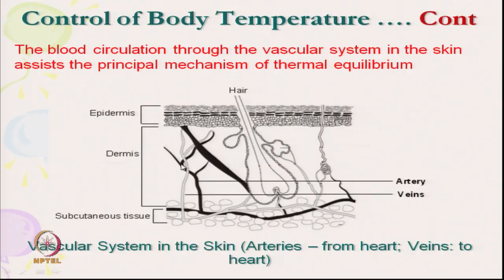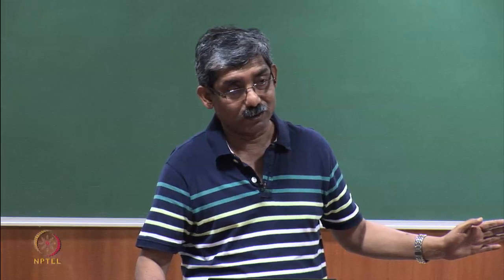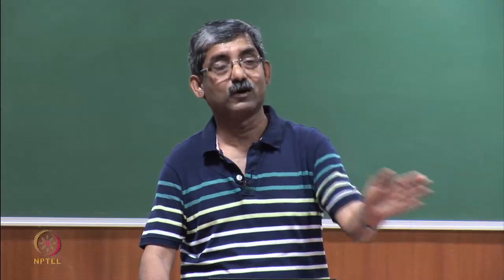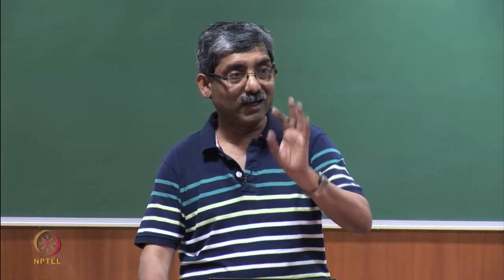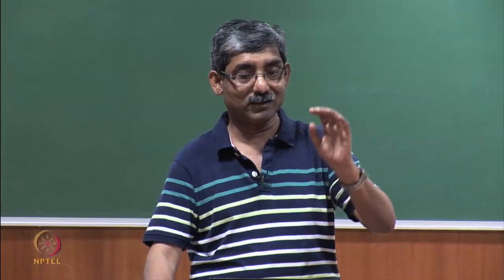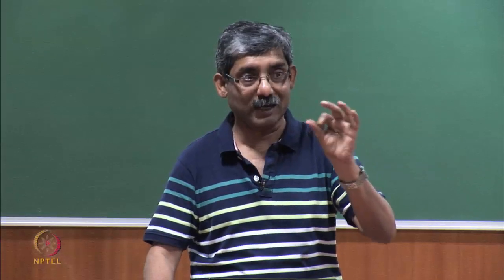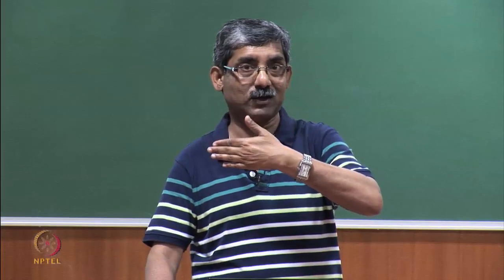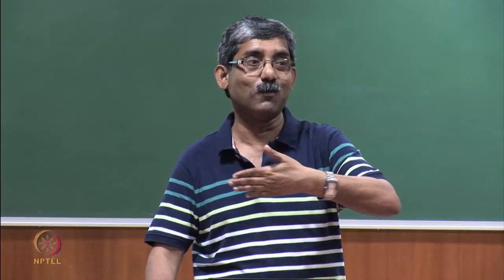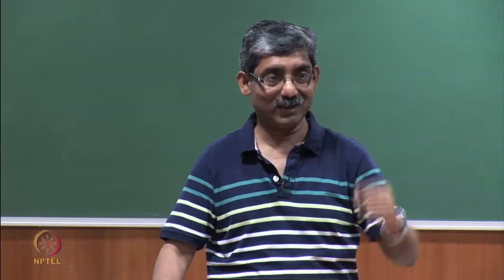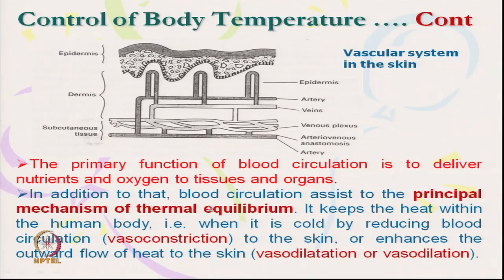Through the artery, blood goes from the heart throughout the body. If constriction takes place, it will give a slow movement of heat. The primary function of blood circulation is to deliver nutrients and oxygen to the tissues.